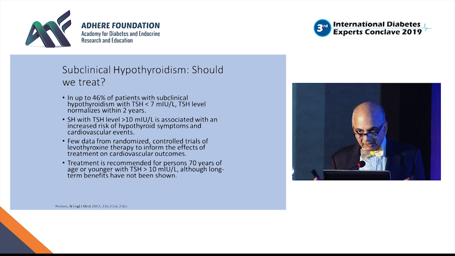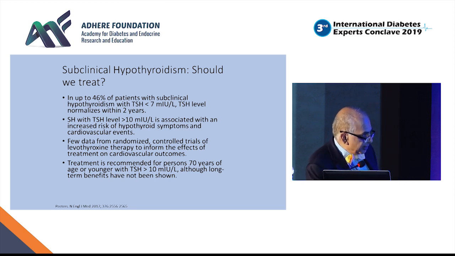But there is no randomized controlled trial comparing people with borderline hypothyroidism who received treatment and did not receive treatment and looking at cardiovascular outcomes. Even so, there's a consensus of opinion that if people have a TSH greater than 10, we should be treating.